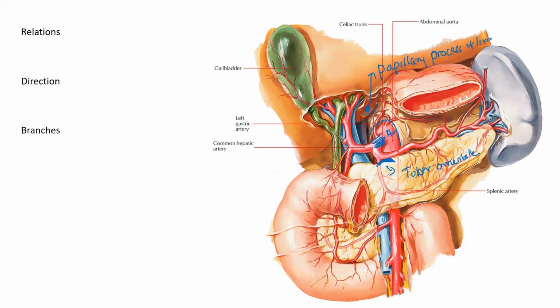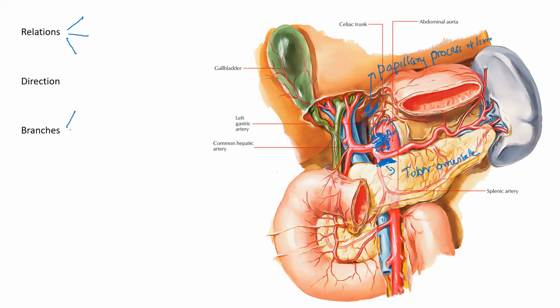Okay, papillary process, tuber omentale. And the origin of the celiac trunk itself is going to be surrounded by sympathetic plexus of nerves. Okay, so three relations, please remember: surrounded by the celiac plexus of nerves, above to the papillary process of liver, below to the tuber omentale of pancreas.